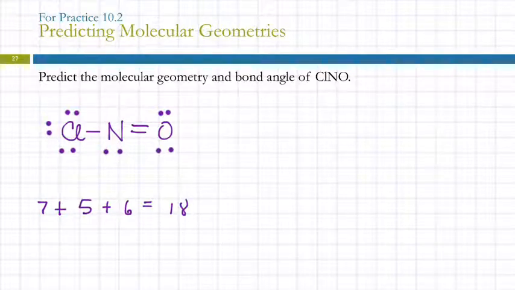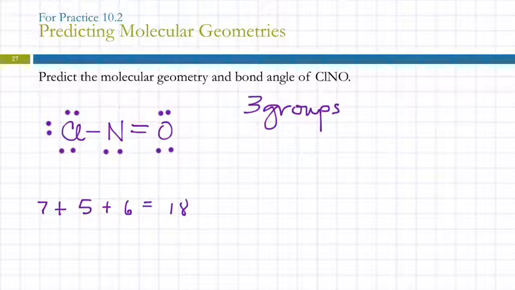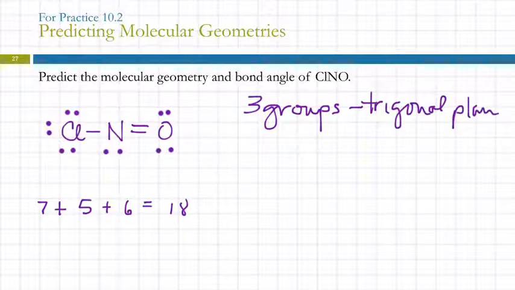The central atom has how many groups? 3 electron groups. So 3 groups. How do 3 groups get away from each other? They make a triangle, right? Trigonal planar. So we could draw a picture of this.